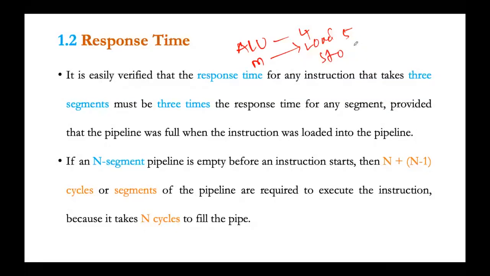If it is a store, then it takes 4 cycles. For branch, it takes 4 cycles. So segments are different. If an n segment pipeline is empty before an instruction starts, then n plus n minus 1 cycles or segments of the pipeline are required to execute the instruction, because it takes n cycles to fill the pipe.